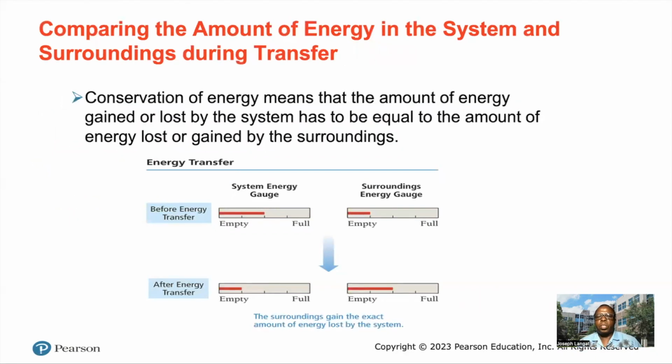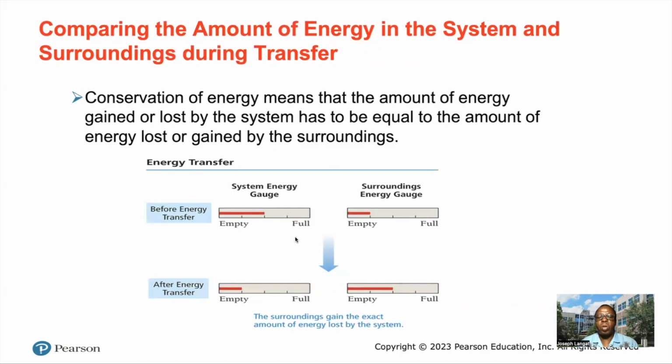Now, with respect to heat energy being released by the system to the surrounding, remember the law of conservation of energy. Energy can neither be created nor destroyed. So conservation of energy means that the amount of energy gained or lost by the system has to be equal to the amount lost or gained by the surrounding.